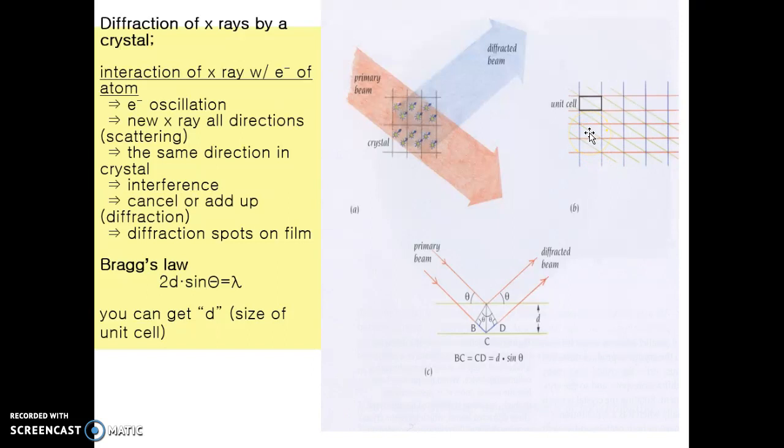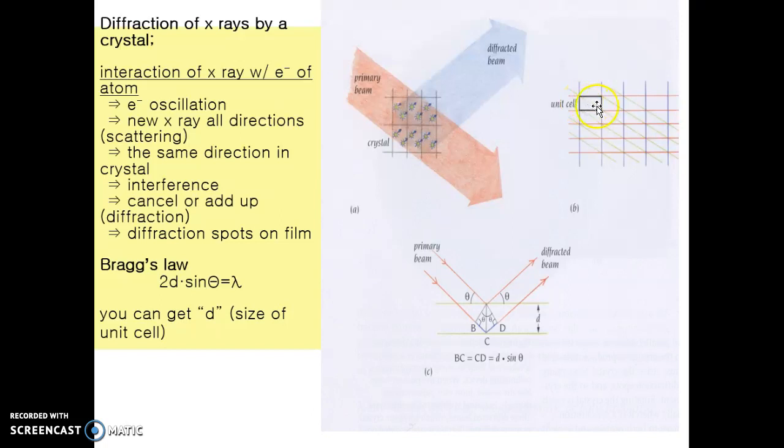Different sets of parallel planes can be arranged through the crystal so that each corner of all unit cells is on one of the planes of the set.